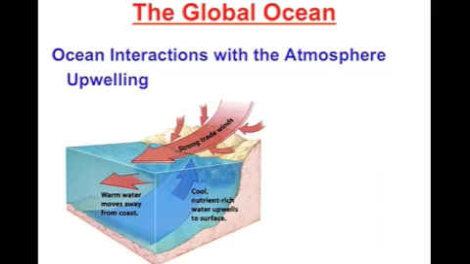And the way that upwelling can cause this devastation of fishing populations is that upwelling is the process of when cool water comes to the surface. And as this cool water comes to the surface, it provides nutrients for microorganisms and microscopic algae.